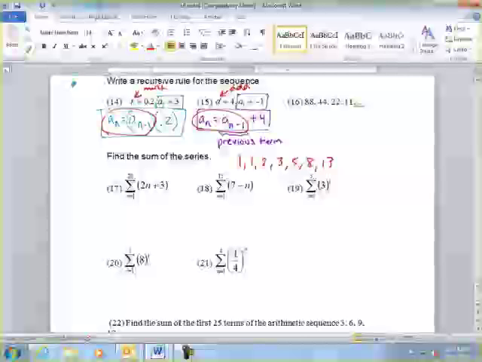So in the homework, things were up a level from what they will be on the test. For this one, you would have to give 2 starting terms. And then what we do after that is say the term 2 ago plus the term 1 ago. So the homework and the notes were more complex. But on the test, we're just going to stick to arithmetic or geometric. Will it be complex on the exam? No, the exam will match the test.